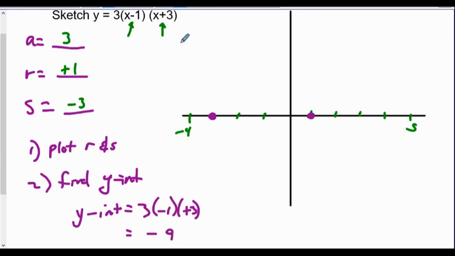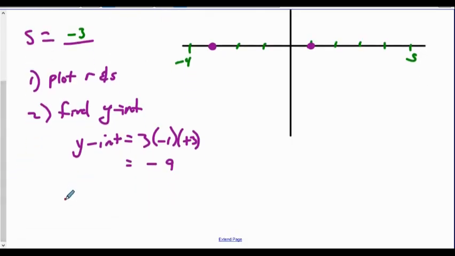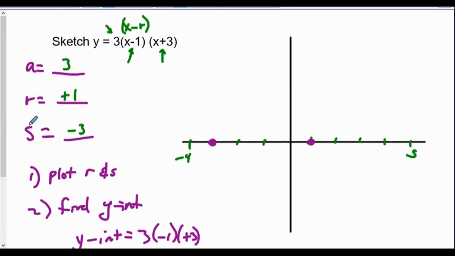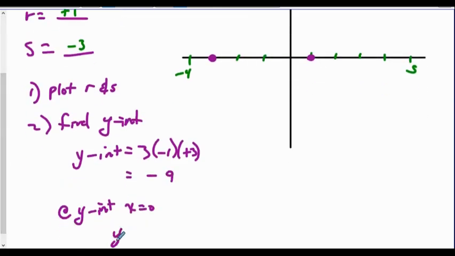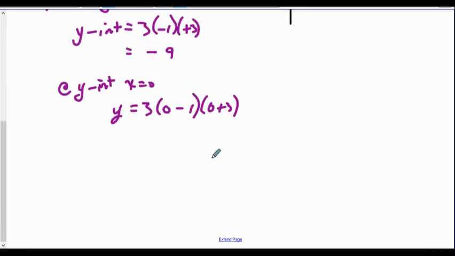And really what's happening when we're finding our y-intercept is that at the y-intercept, x equals 0. So going back to the equation, y equals 3 times (0 minus 1) times (0 plus 3), because x equals 0.